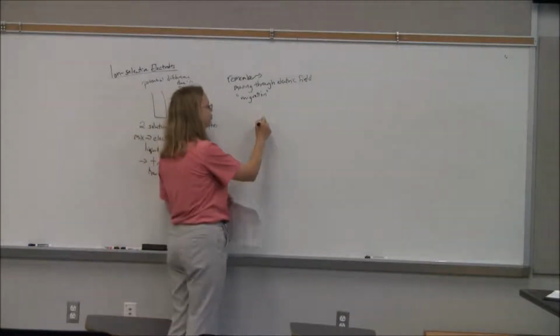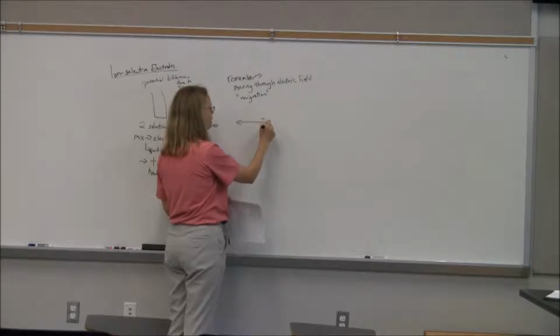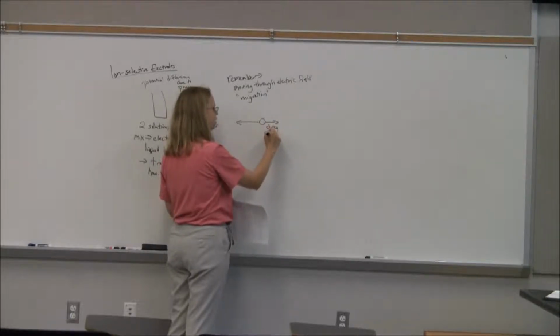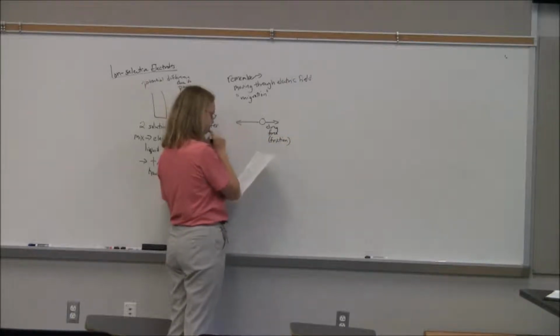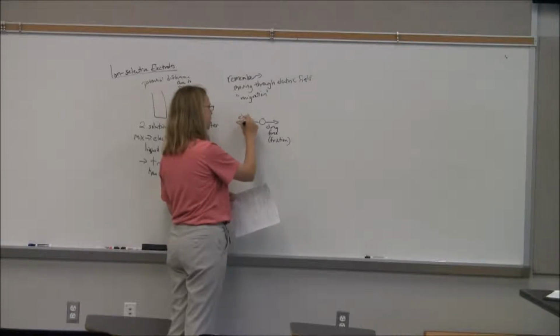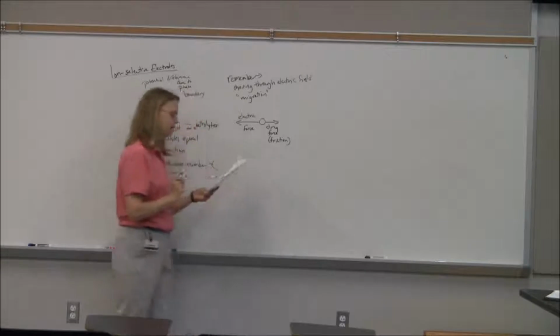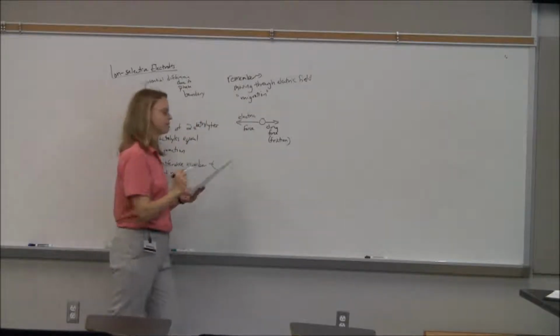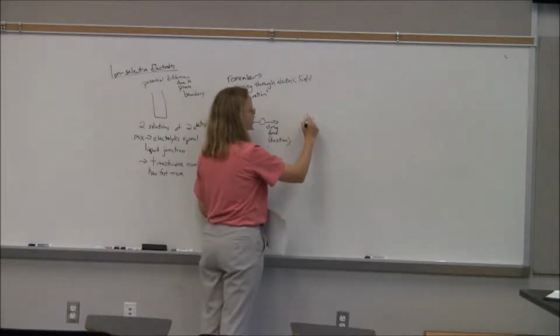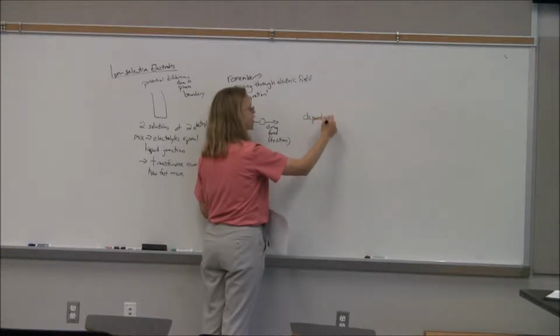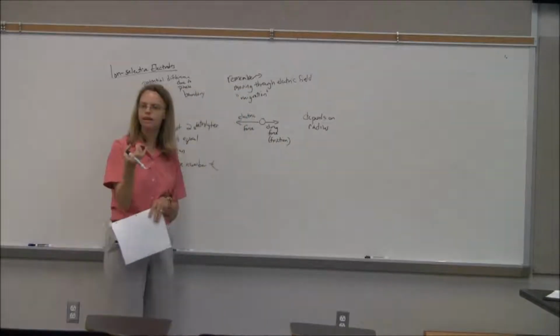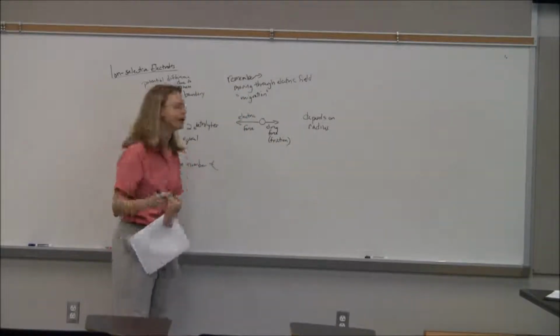Anything that moves is going to want to go one place, but it's going to experience drag. We've always got this friction as it's trying to move due to the electric force pulling it to where it wants to be. So the transference number often depends on the radius, because how much drag and friction you get in the solution depends on how big you are.